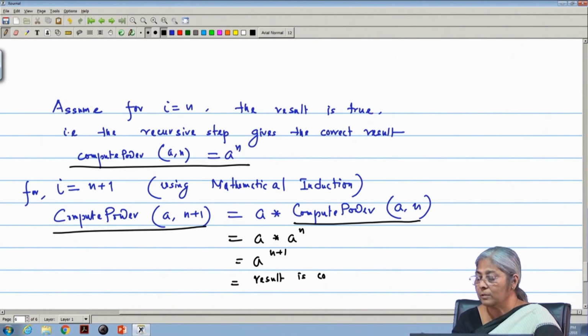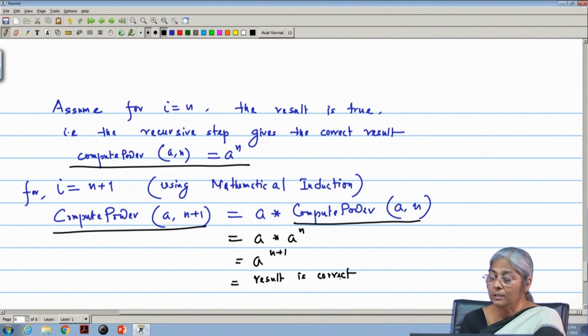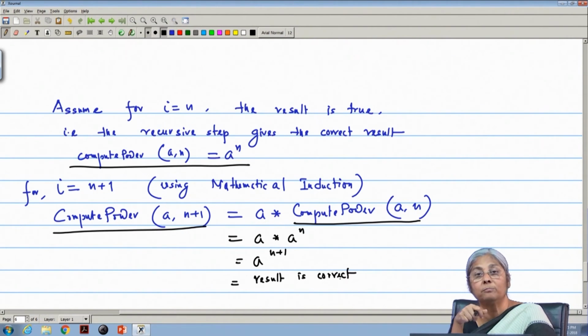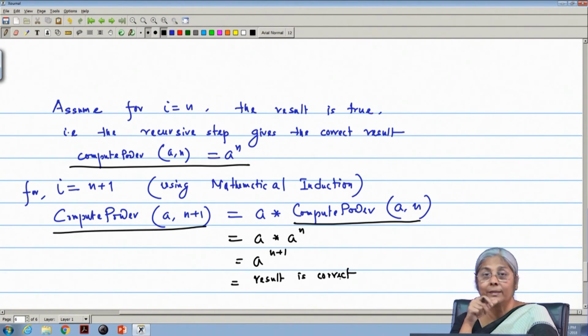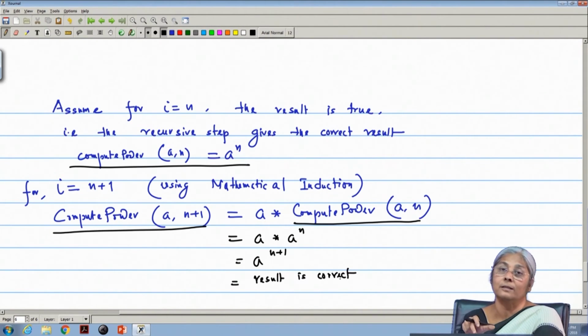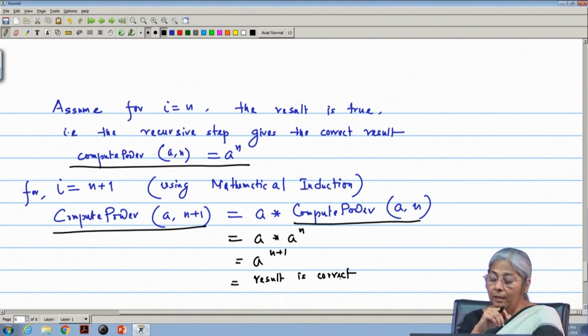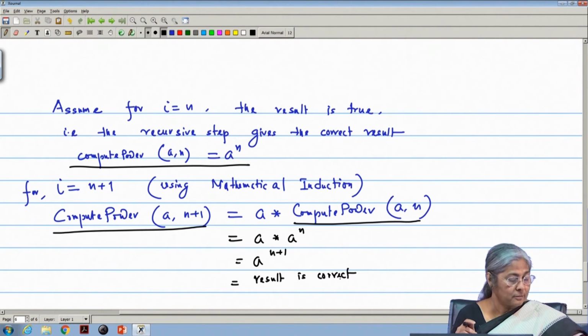So, here we see that a recursive algorithm can also be proved using mathematical induction. This is very obvious because the algorithm contains a recursive function, and for proving the recursive function we have used mathematical induction. So, we can prove the same thing in this way.